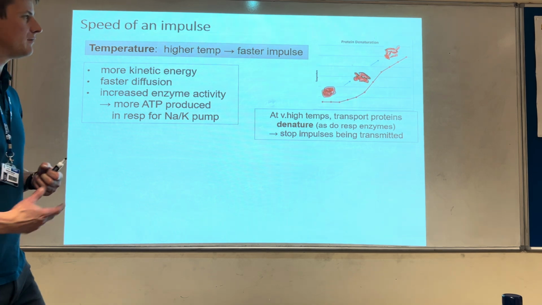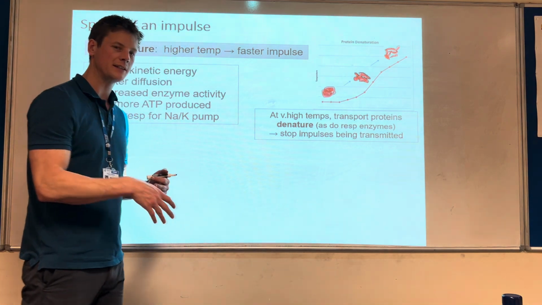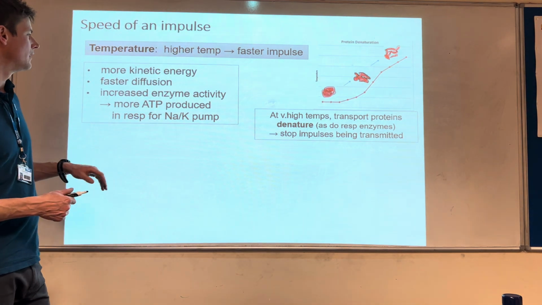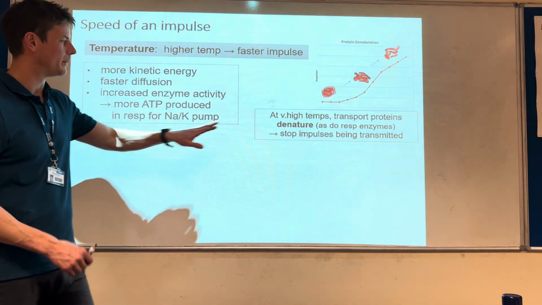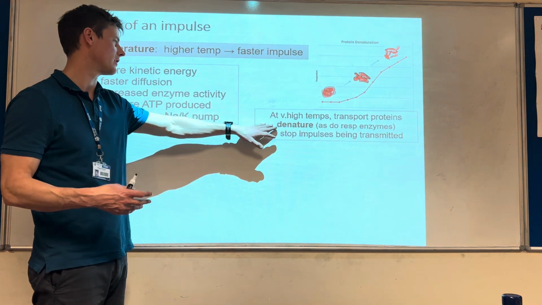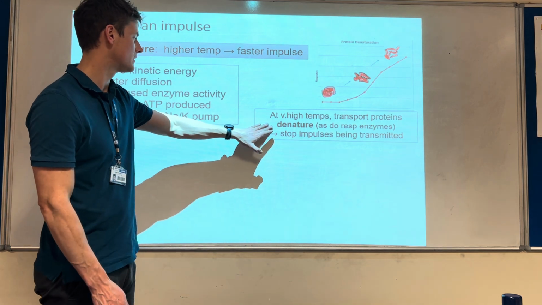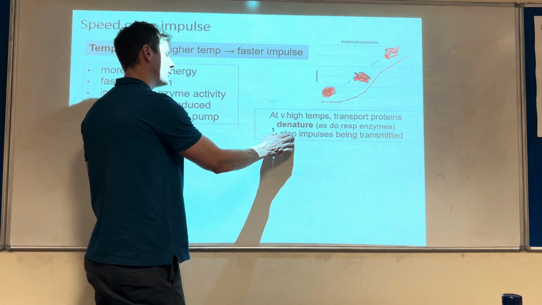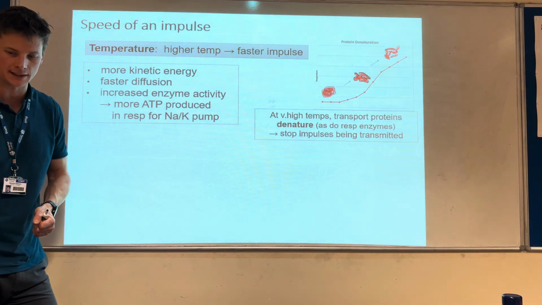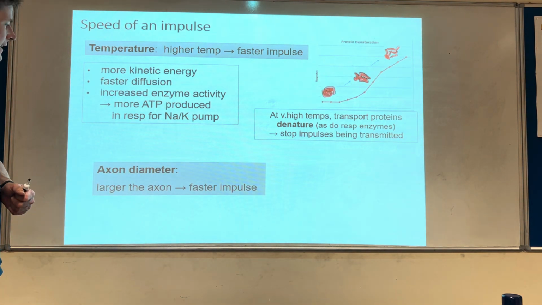Of course, at very high temperatures, those transport proteins and the enzymes involved in respiration will become denatured. Hydrogen ionic bonds break, tertiary structure changes, active site no longer complementary to their substrates. So that will stop impulses from being transmitted. Next, the axon diameter.